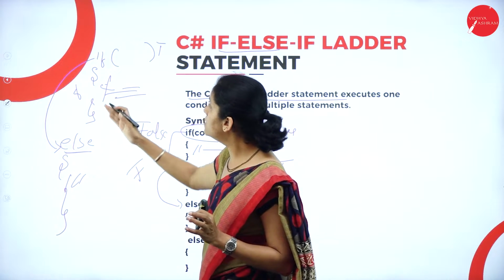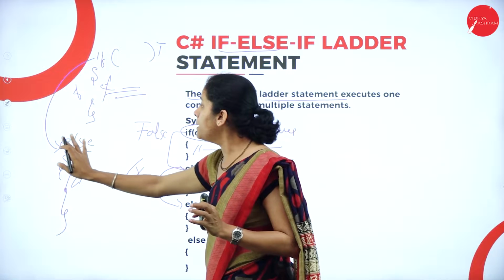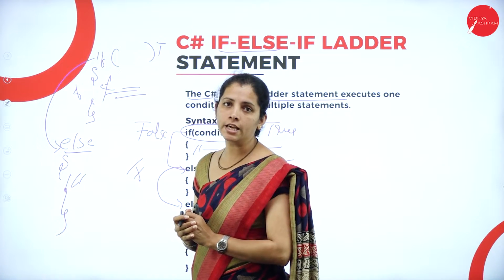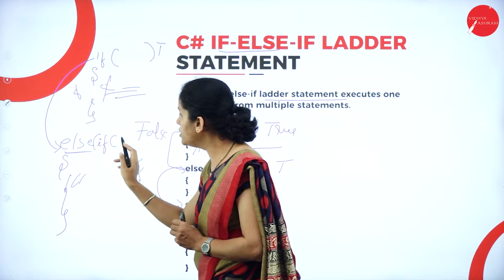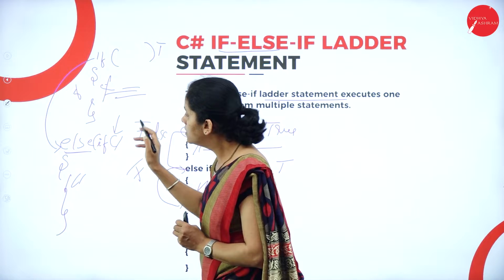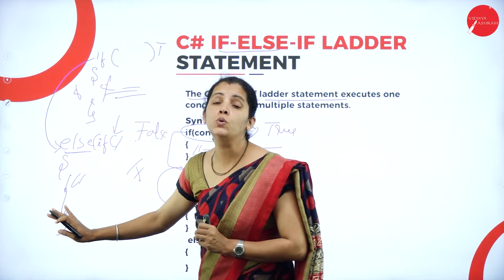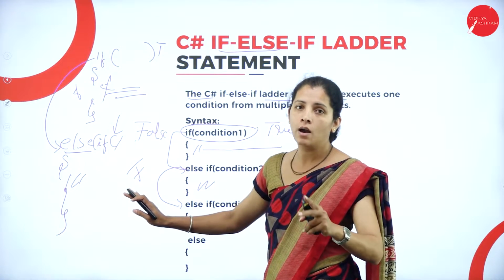If I consider the false statement, then in my else part, I'm going to write the condition once again. So here I'll write the if, then the condition. If this condition is true, once again I'm going to have the two possibilities, that is true part as well as false part.